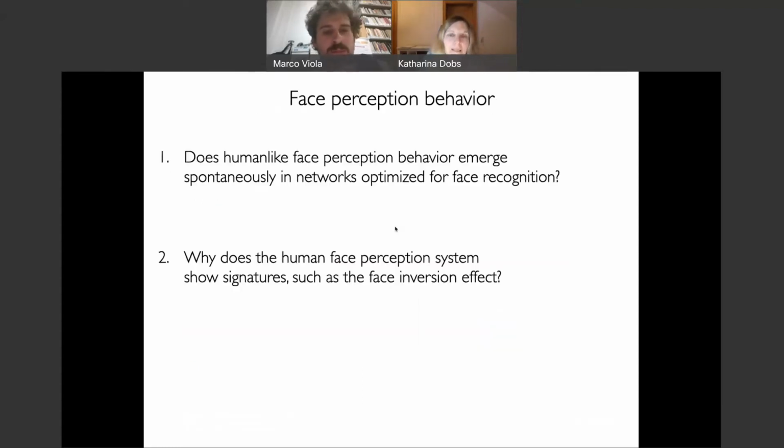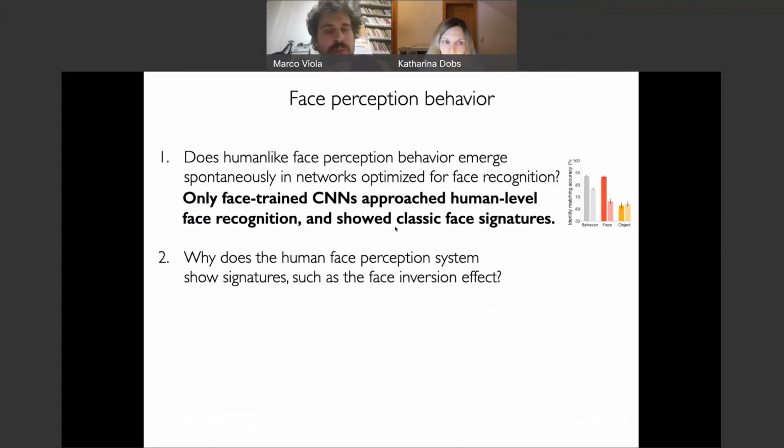Okay, so the question that we asked at the beginning of this project was, does human-like face perception emerge spontaneously in networks optimized for face recognition? We find that only face-trained CNNs approached human-level face recognition and showed these classic face signatures that we see in human face behavior.